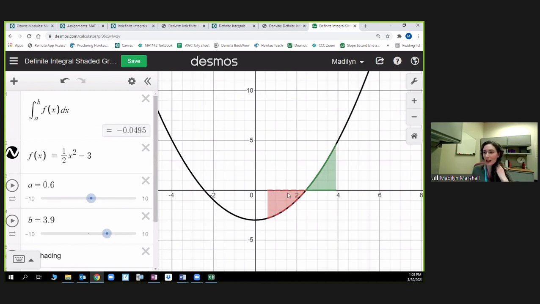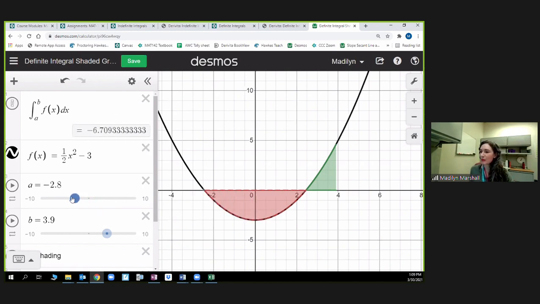If the negative part and the positive part are almost the same, they're just about going to cancel each other out, and they do totally cancel each other out in some functions. So the cumulative part means that if we have more than one shaded region, going below the x-axis and above the x-axis, the positive part and the negative part add together to make the value of our integral.